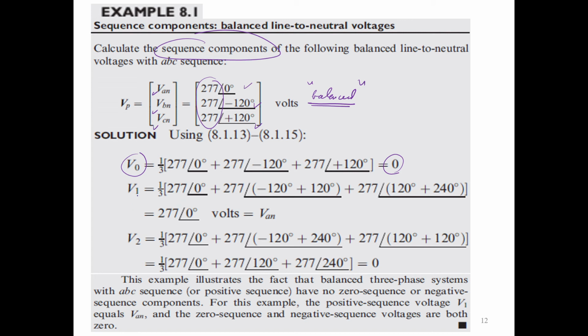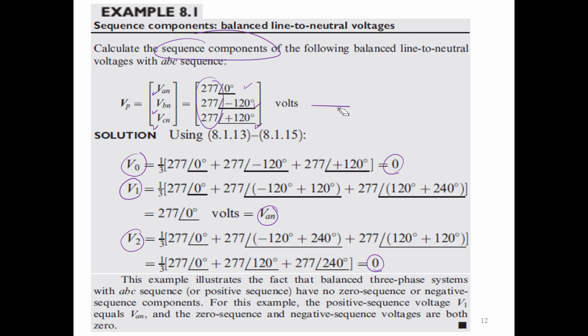And V1, which is the magnitude of the positive sequence, is VAN itself. The positive sequence itself is VAN. And the negative sequence component of this set is 0. Why is it so?